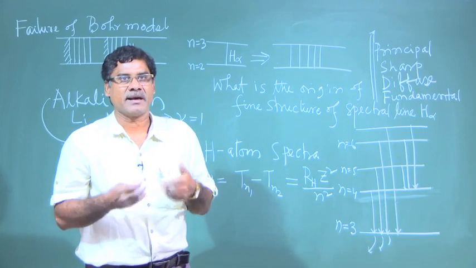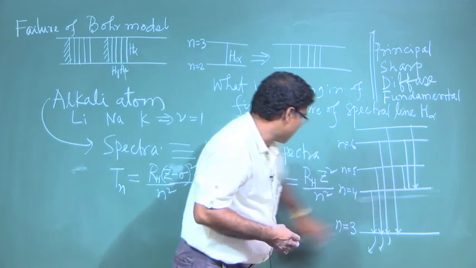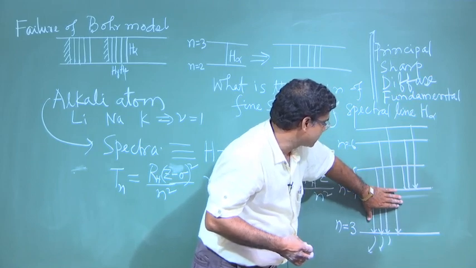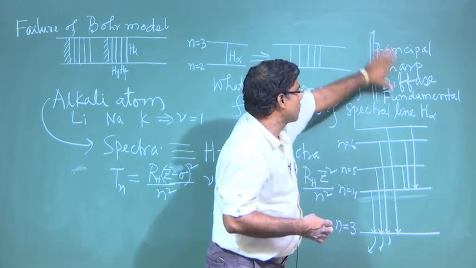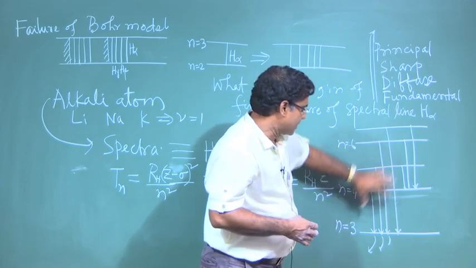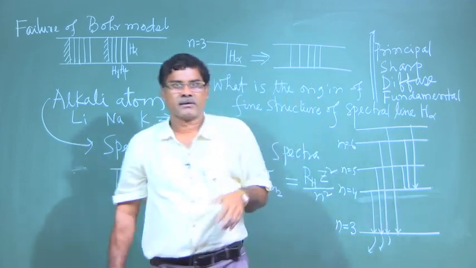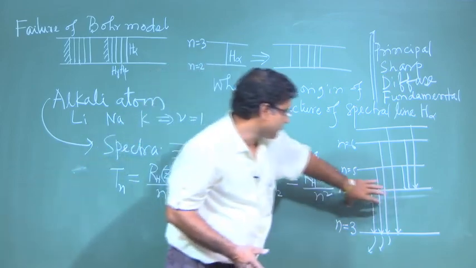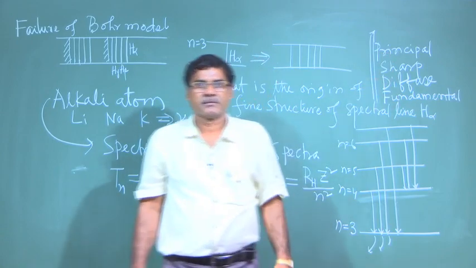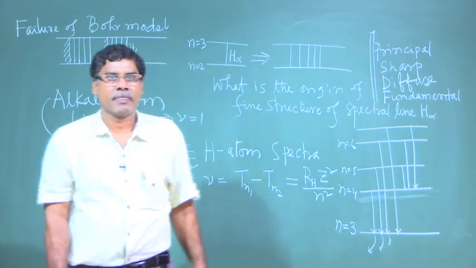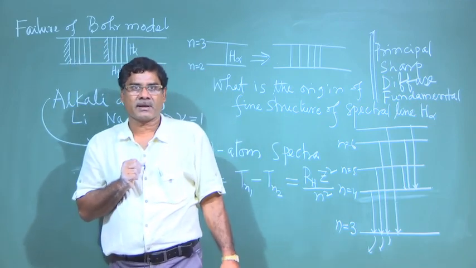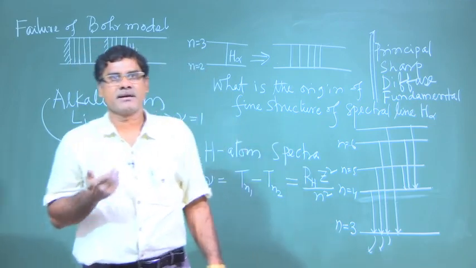But ultimately, from the Bohr model, these 4 lines will give these 4 series. Each line will not give one series, but as I told, we will see that a mixture of these 4 will form the different series.